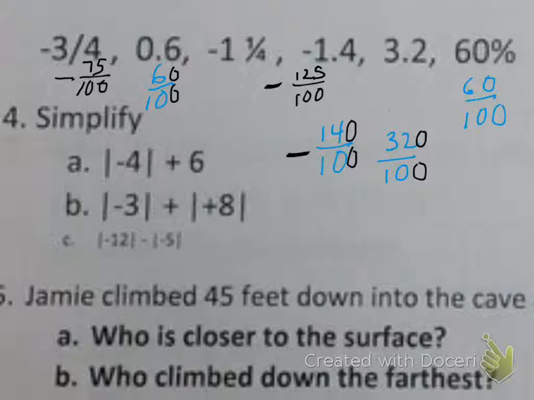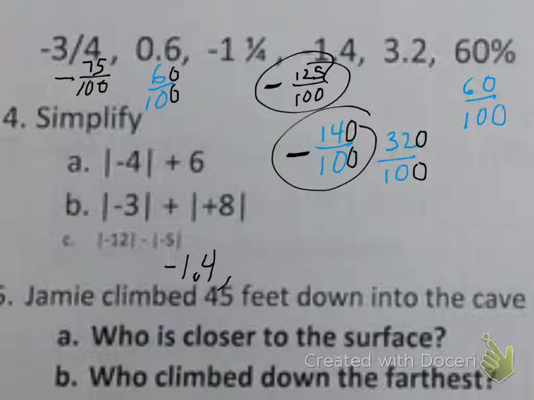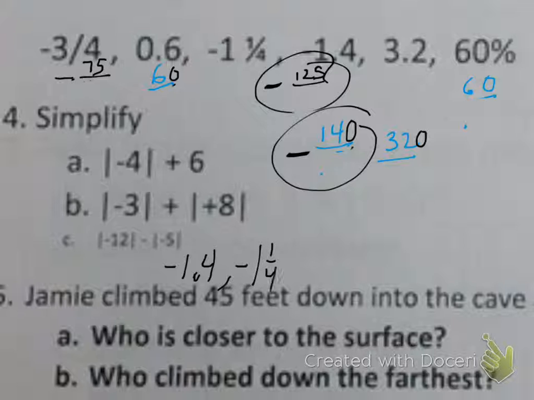So now we're going to have our largest negative first, so that would be negative 140. So that gives us our negative 1.4, because that was what this one was. Then the negative 125, because all we now have to look at actually is, since these are the same, we only have to look at our top numbers. So it's like eliminating that. So we have negative 1.25, so that makes negative 1 1/4. Then we have the negative 75, so that's the negative 3/4.